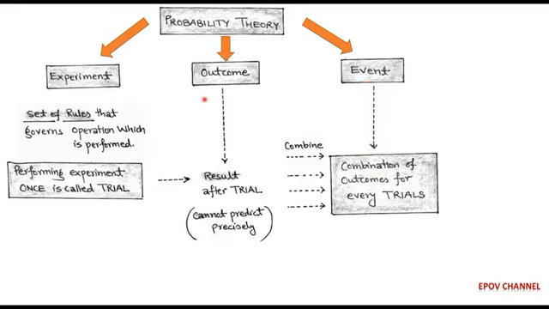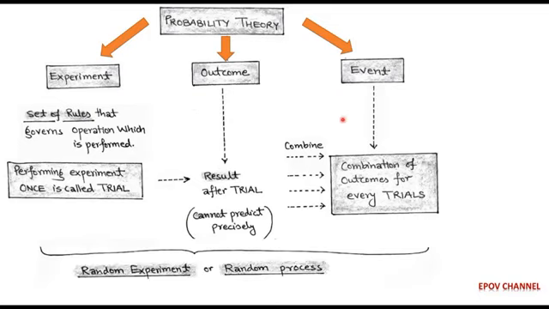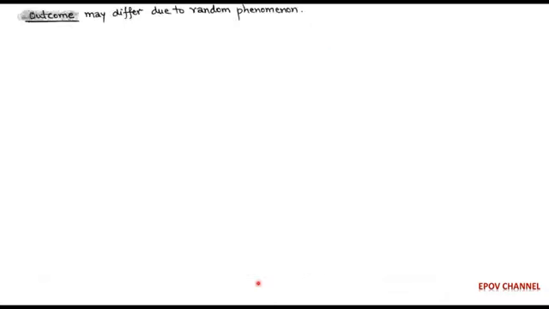And this whole process, that is experiment, outcome and event, is called a random experiment or random process, because here the outcome of every trial cannot be predicted very precisely. Also, outcomes may differ because of random phenomena.